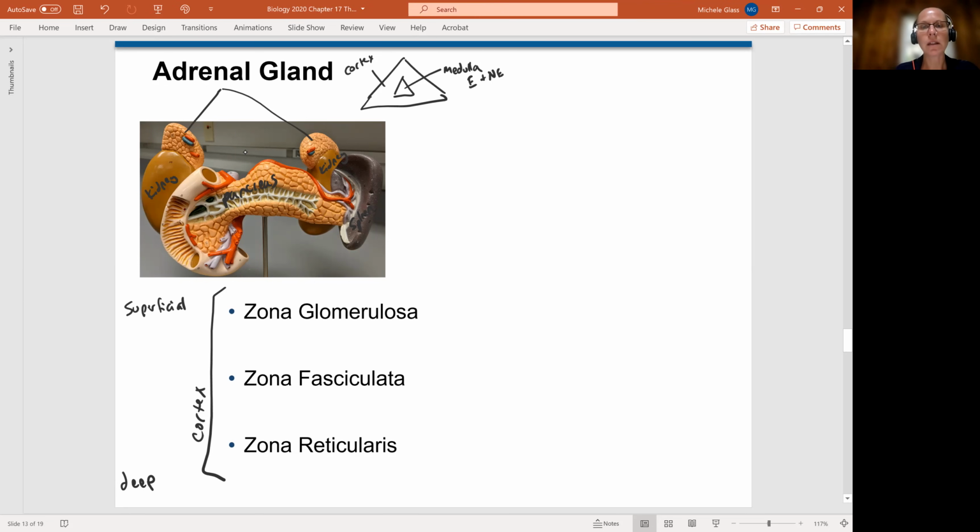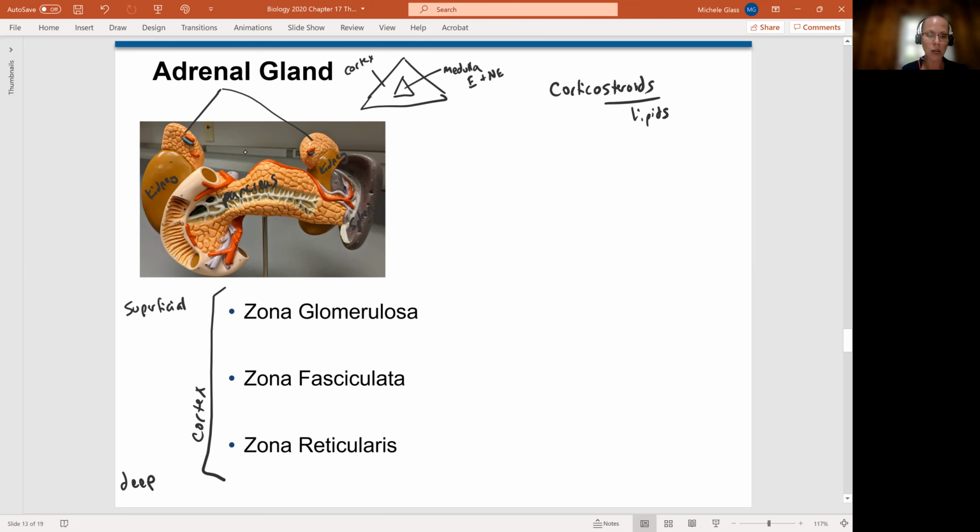When we talk about the adrenal cortex, we'll see that they're going to be releasing corticosteroids. So steroids tell us that we are getting the release of lipids here, lipid-derived hormones.